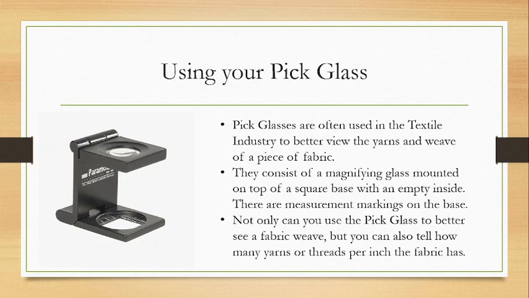They consist of a magnifying glass mounted on an empty base that usually has a little bit of measurement. This one has metric on one side and imperial on the other. In America, they're usually a 1 inch by 1 inch square.